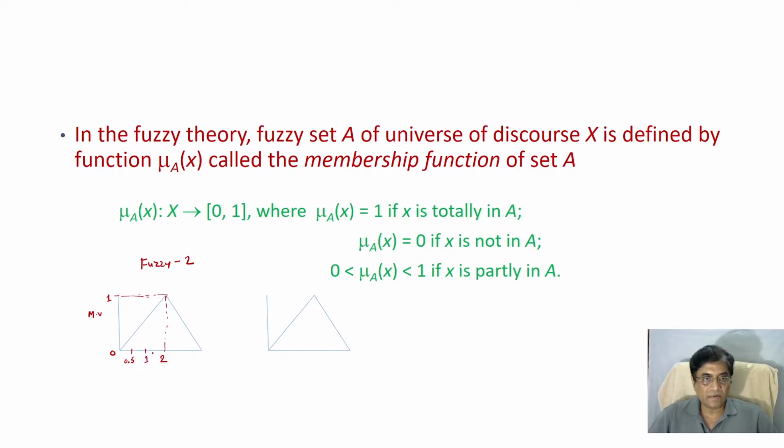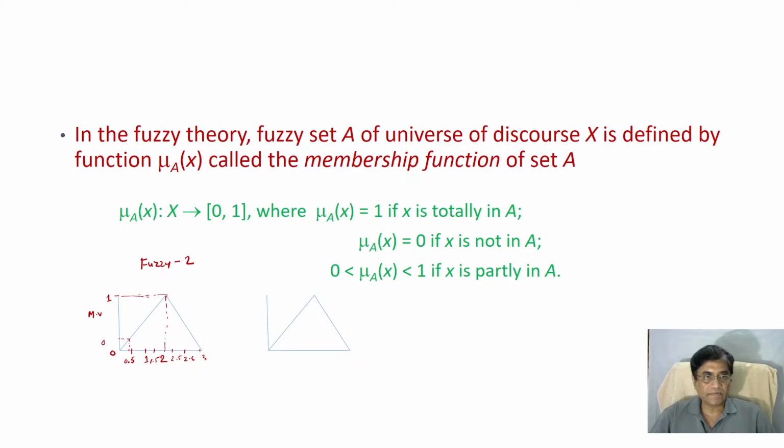This is 1. This is 1.5. Then 2.5. Then 2.6, then say 3. So within my universe of discourse from 0 to 3, it's my decision that I will define fuzzy 2, having 1, 2, 3, 4, 5, 6, 7 elements, for example, all the elements having some membership value.